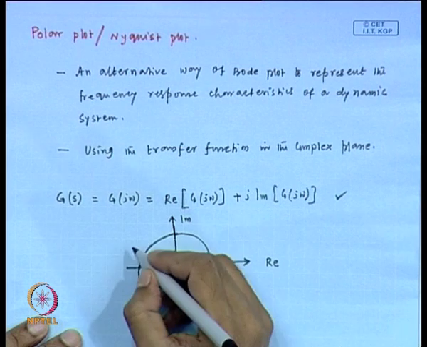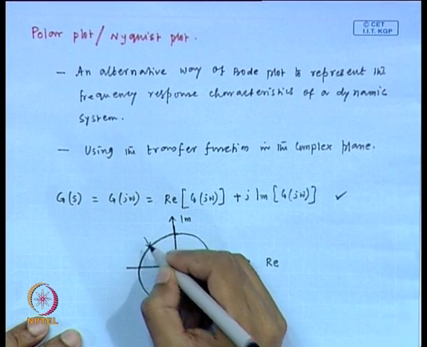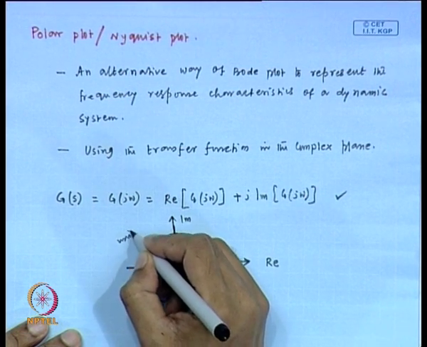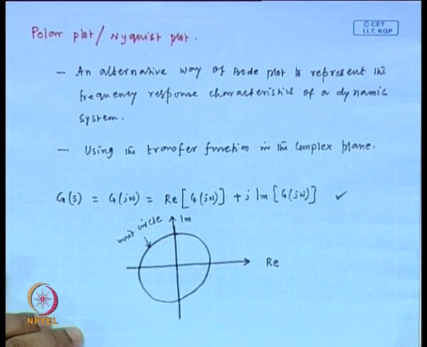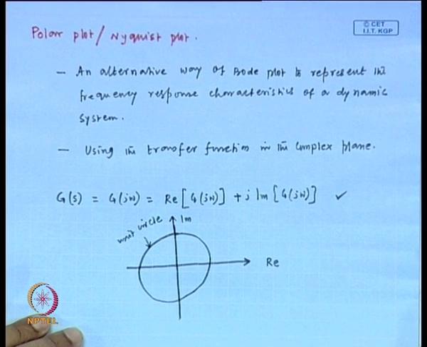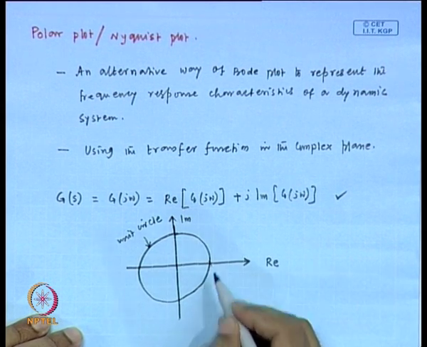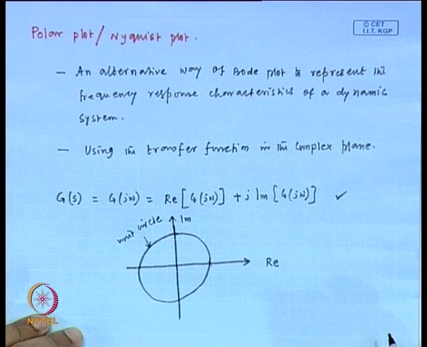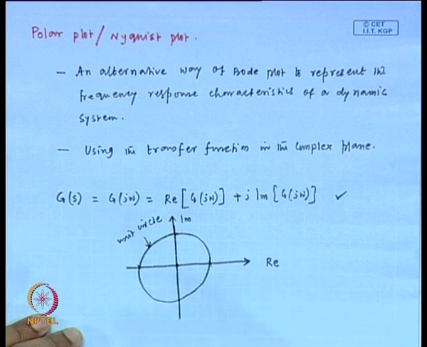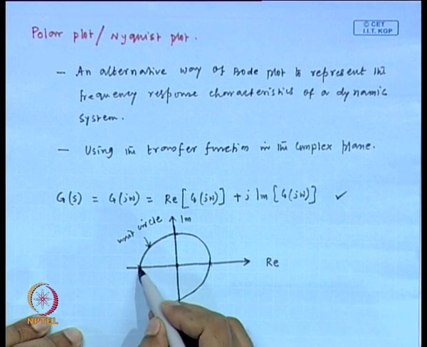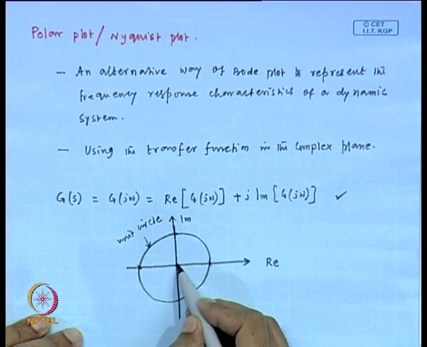Fine. That means, this point corresponds to (1, 0). This is the origin and this point corresponds to (-1, 0).